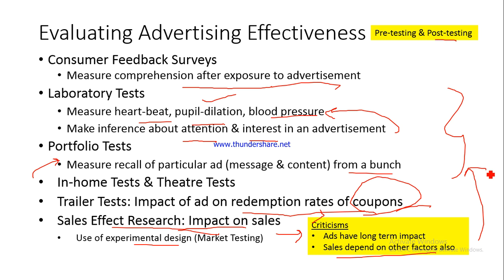Then, what are the prices of my substitute products? I hope you remember this discussion from what you have read in microeconomics and managerial economics. The prices of the substitutes and the prices of the complements may also impact your sales. For example, if I'm selling cars, let's say I'm selling diesel cars.